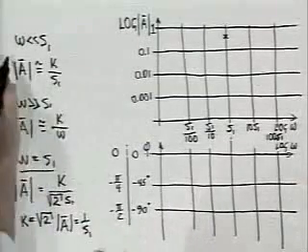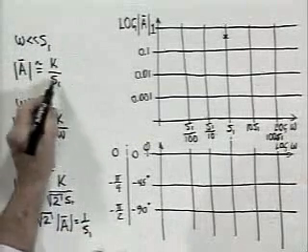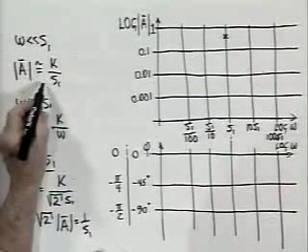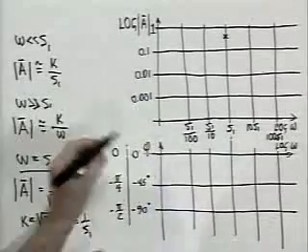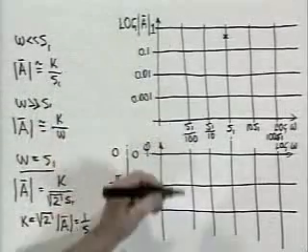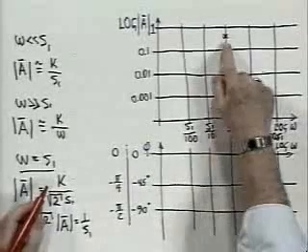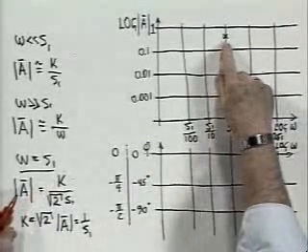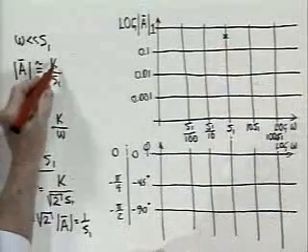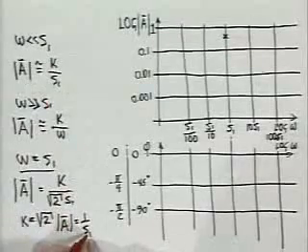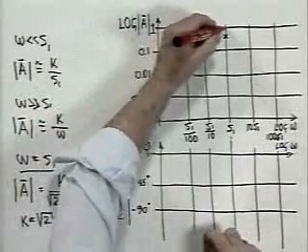Now, if I look at low frequencies, the approximate form of the magnitude of A is a constant. So it plots as a straight line. We've got to know where to put that straight line vertically, of course. If this point was plotted at 1 over S1, and K is the square root of 2, then K over S1 is going to be square root of 2 higher. Let's say that falls up here.